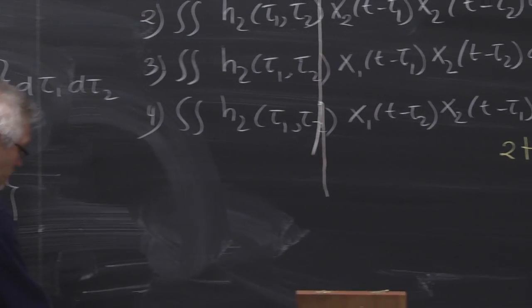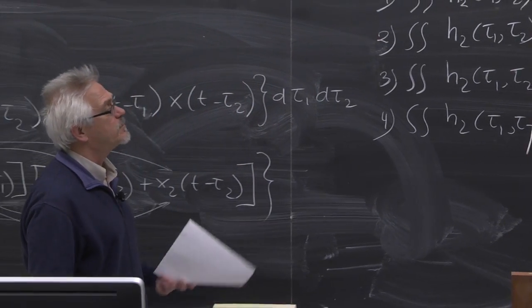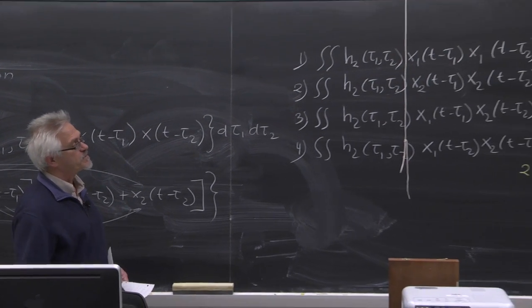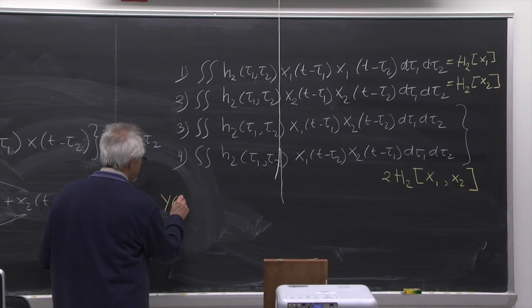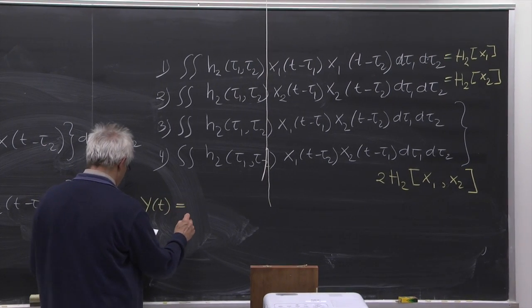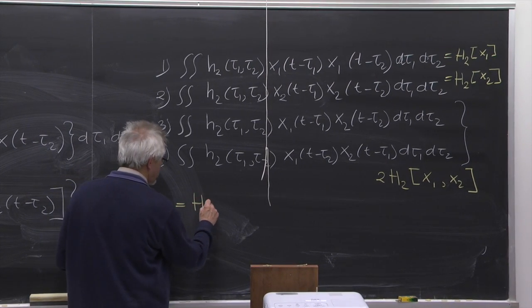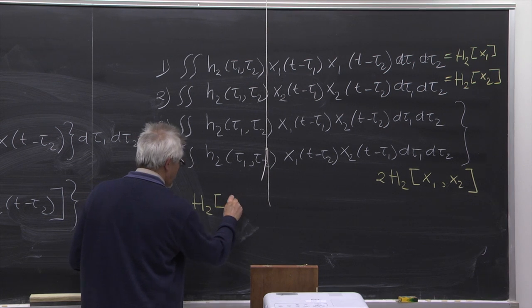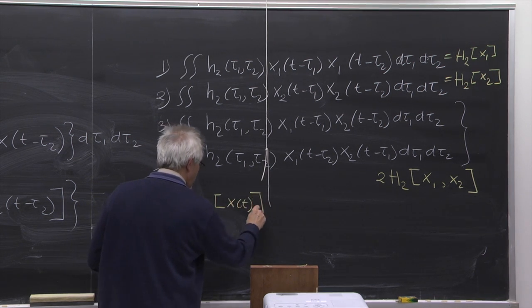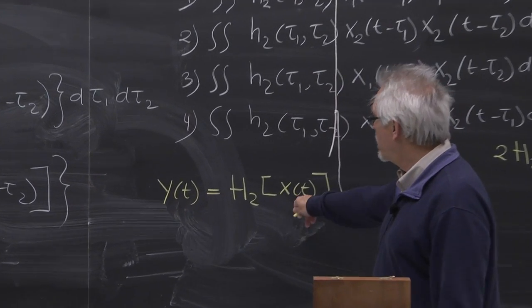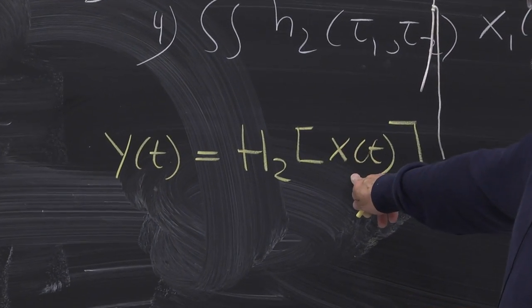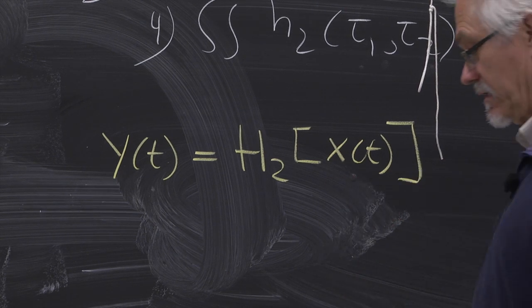And so now if I want to summarize our result for superposition, I can use this shorthand notation. It's a little friendlier. I was going to look at the output to input x, and x consisted of x1 and x2.